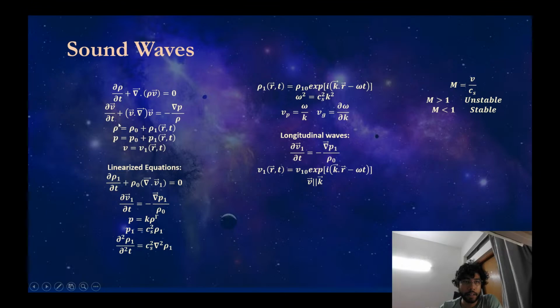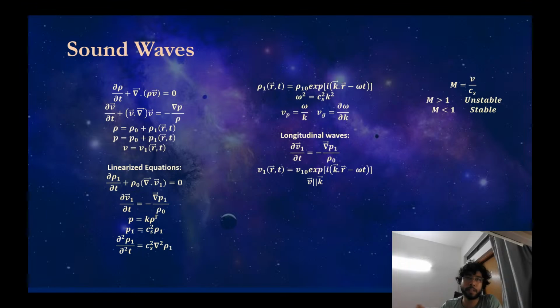So again, like I was saying, rho is rho naught, the mean density, and over that we introduce a perturbation. Similarly, for pressure, we introduce a perturbation. For velocity, just for simplicity, you can also assume a v naught here, but we will assume that initially the fluid was at rest.